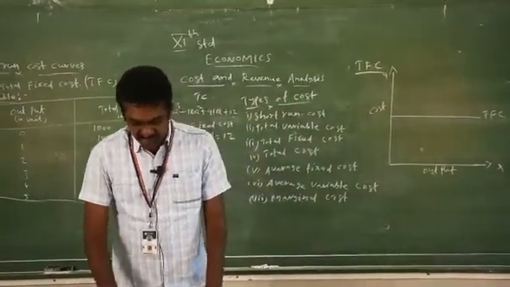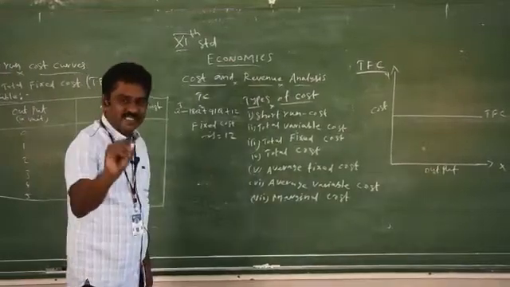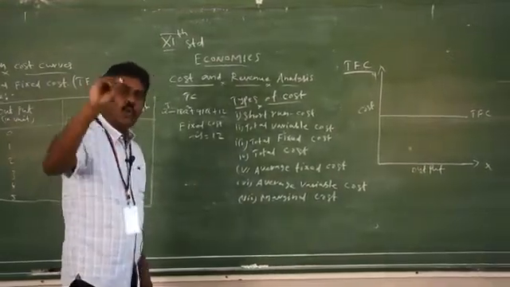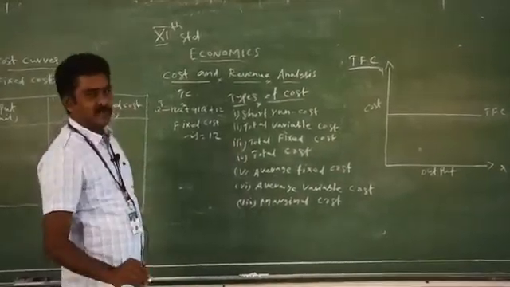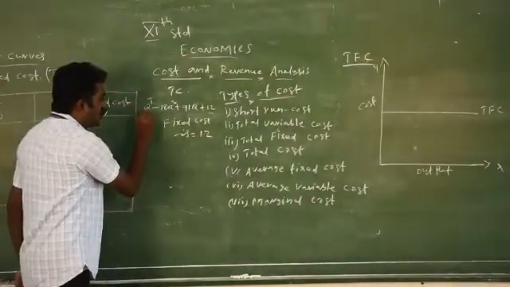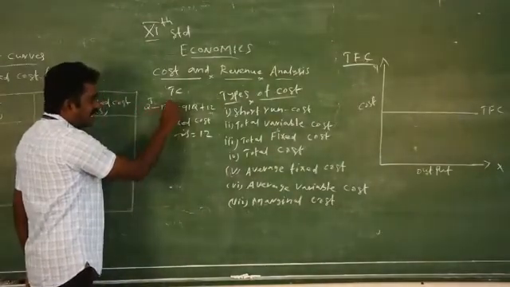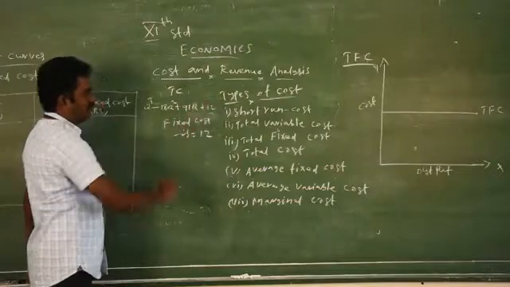For instance, total fixed cost plus total variable cost is equal to total cost. Suppose total cost is equal to Q^3 minus 18Q^2 plus 91Q plus 12.